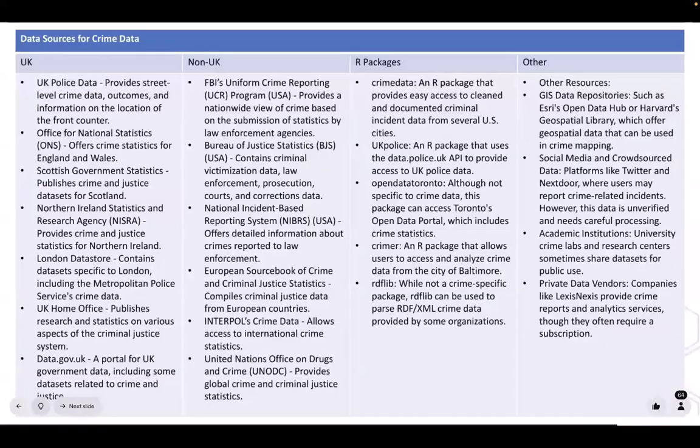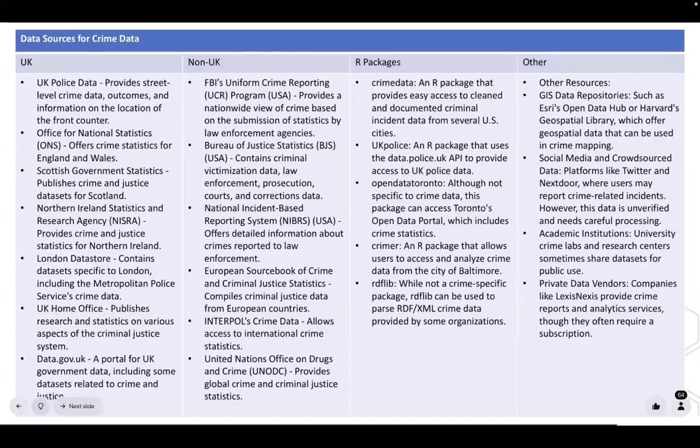Okay, just off topic, I have produced a very rough table of all the data sources for crime that you can find or that you have access to from the UK, non-UK, R packages and other. Again, one thing I really like about using RStudio is that they have available crime data just straight within RStudio, so you don't even need to download data elsewhere.